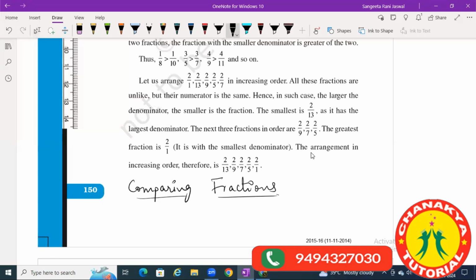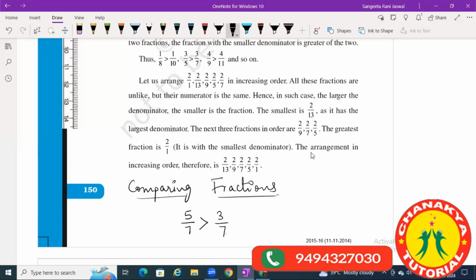For example, I take 5 by 7 and 3 by 7. Now the denominators are same. So to compare the fractions, I will see only their numerators. Which number is greater in the numerator, 5 or 3? 5 is greater. So I will say that this fraction is greater.